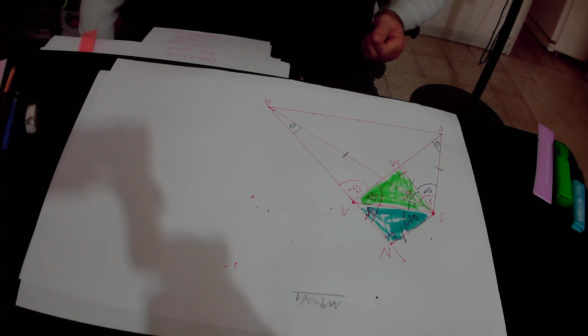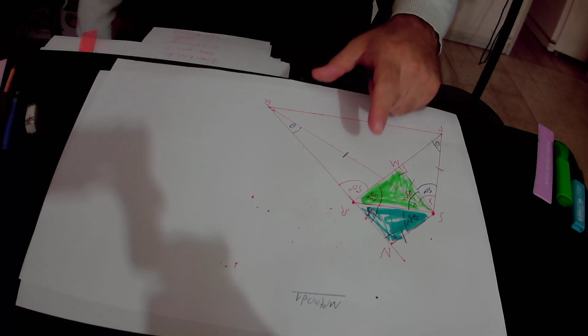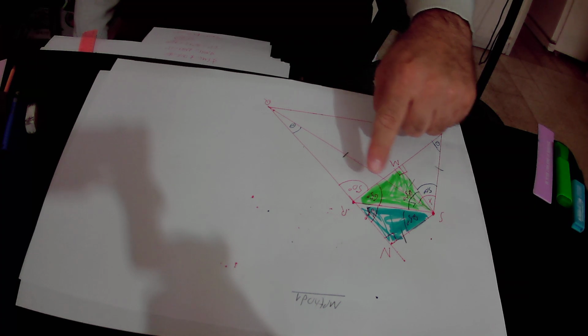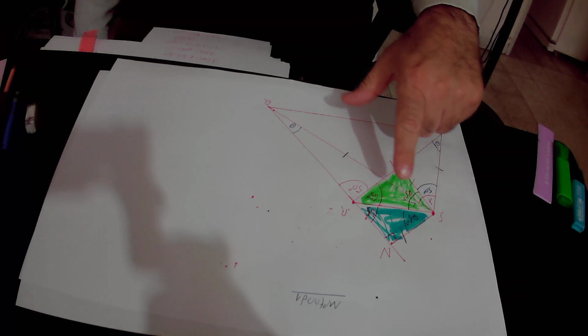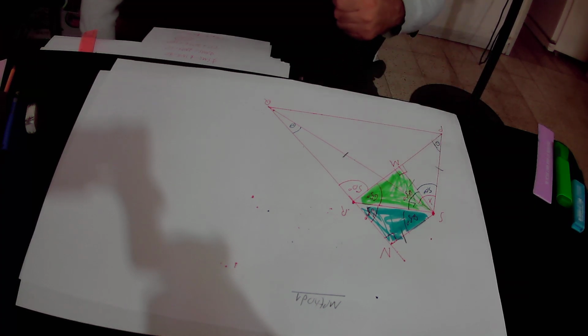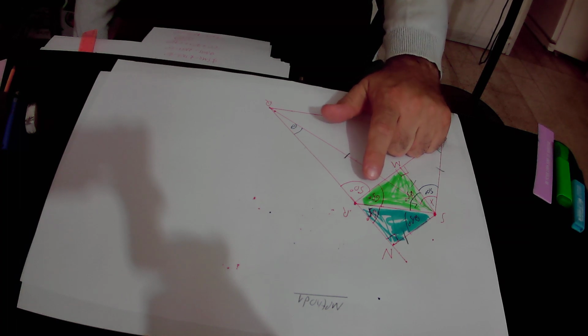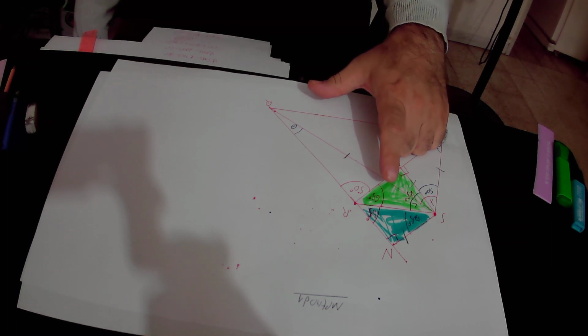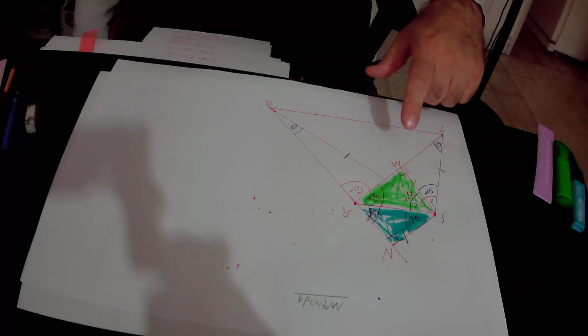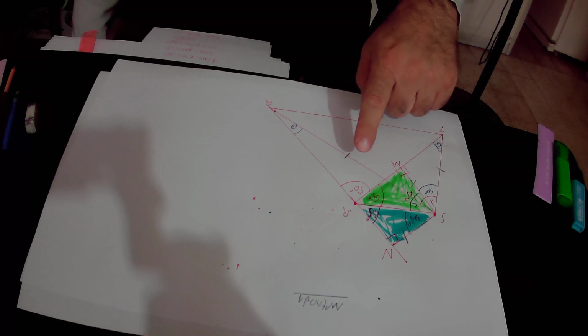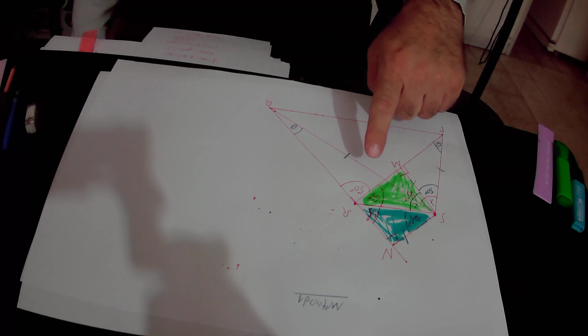Then QR is a straight line and we extended it, so QN is also a straight line, and we know that the sum of the angles on a straight line equals 180 degrees. Therefore, if we focus on this straight line QN at point R, the sum of the angles at point R must equal 180 degrees.